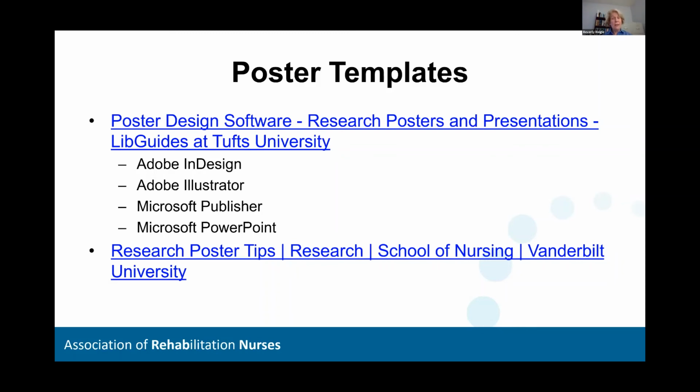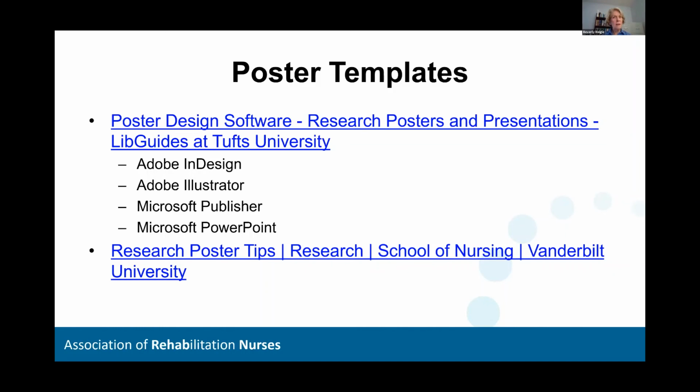Now, the other piece with universities and colleges is that they often will have, typically through their library system, a program on how to do a poster using PowerPoint, or how to do a poster using Microsoft Publisher. So check those kinds of things out.